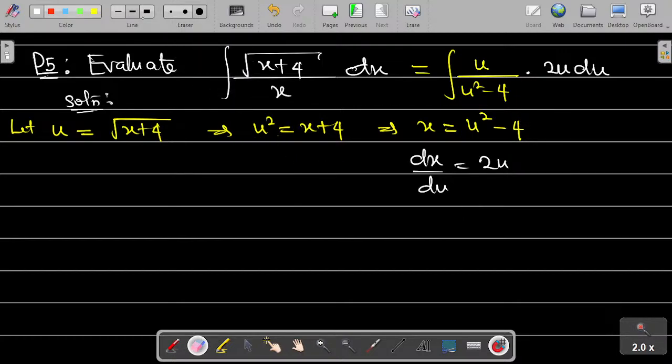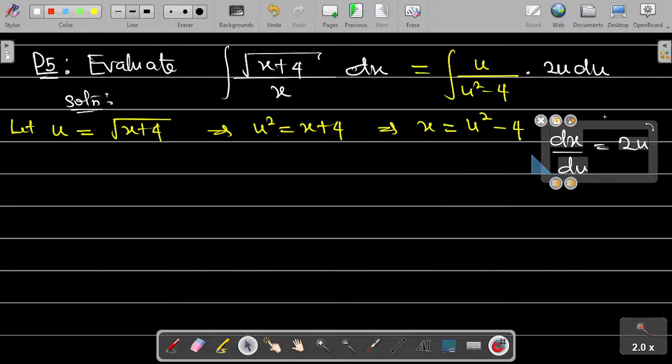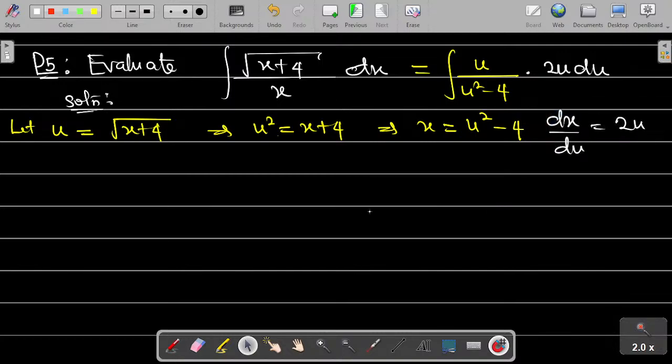So I think I should move this guy to the end of that line, so that everything is together. Of course this one gave rise to this, and this also produced this. Okay, so now we will have to evaluate what we have here.